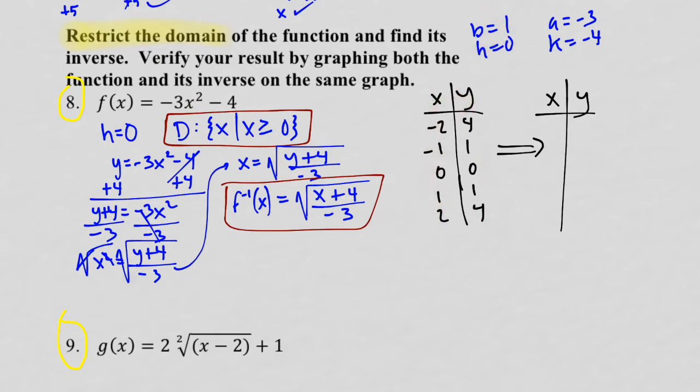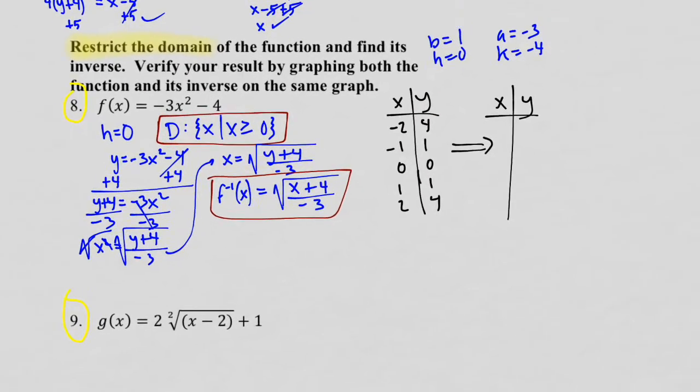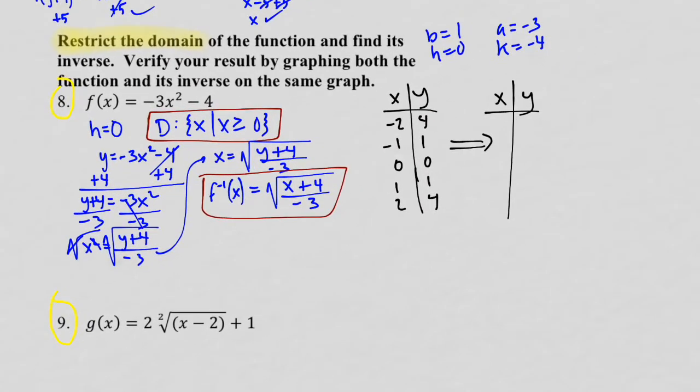To the y values, times -3 minus 4. 4 times -3 is -12, minus 4 is -16. 1 times -3 is -3, minus 4 is -7. 0 times -3 is 0, minus 4 is -4. 1 times -3 is -3, minus 4 is -7. And 4 times -3 is -12, minus 4 is -16.